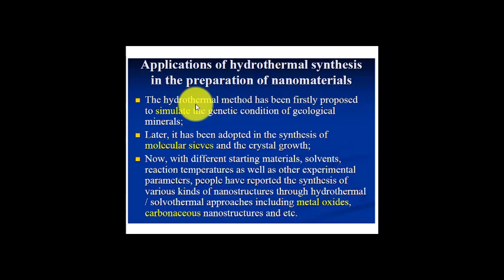At present, by using different starting materials, different solvents, and by adjusting reaction temperatures, as well as other experimental parameters which we have discussed in previous slides, different researchers have reported the synthesis of various kinds of nanostructures through hydrothermal or solvothermal approaches, including metal oxides, carbonaceous nanostructures, and other materials.